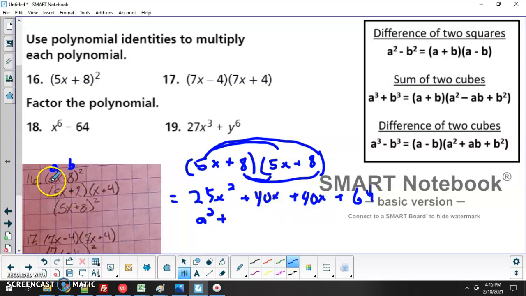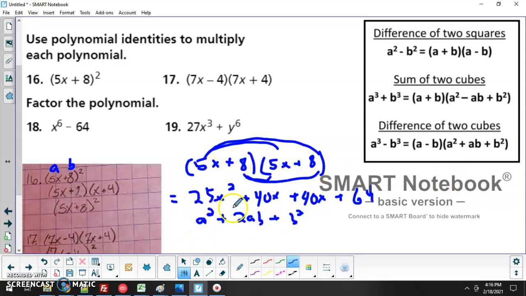So if you multiply 5x times 8, which is 40x, then you double it and make it into 80x. Okay, that's the shortcut. So in the shortcut, it's 2AB because it's the outside, the first times the last, twice. Okay, 2 times A times B plus B squared. And that's the shortcut way of doing it.